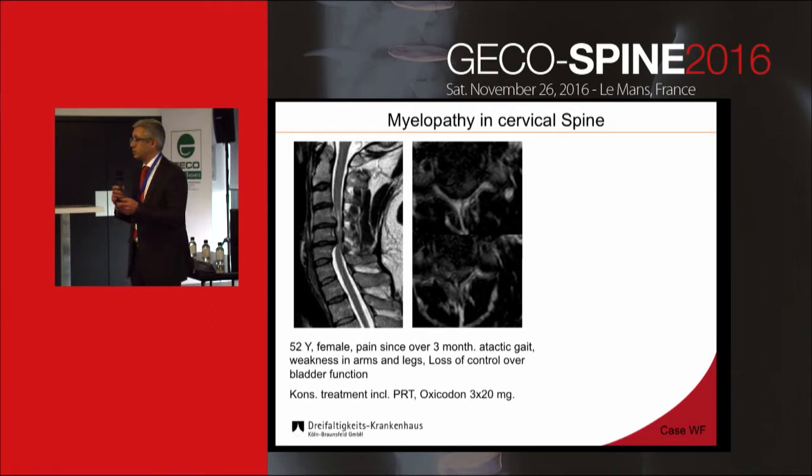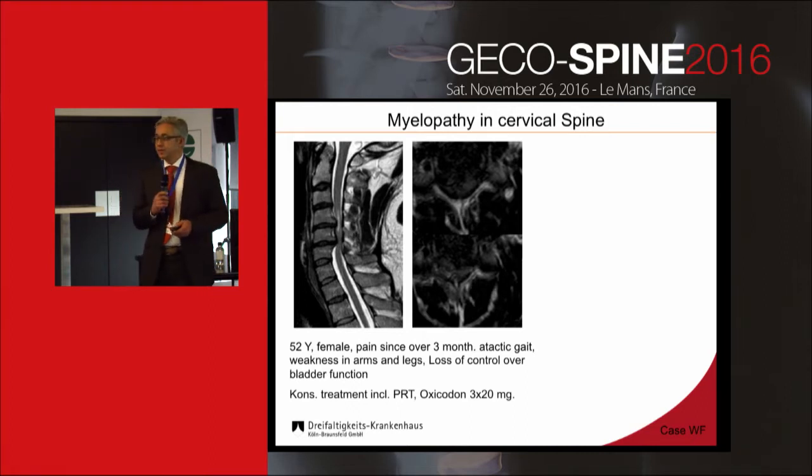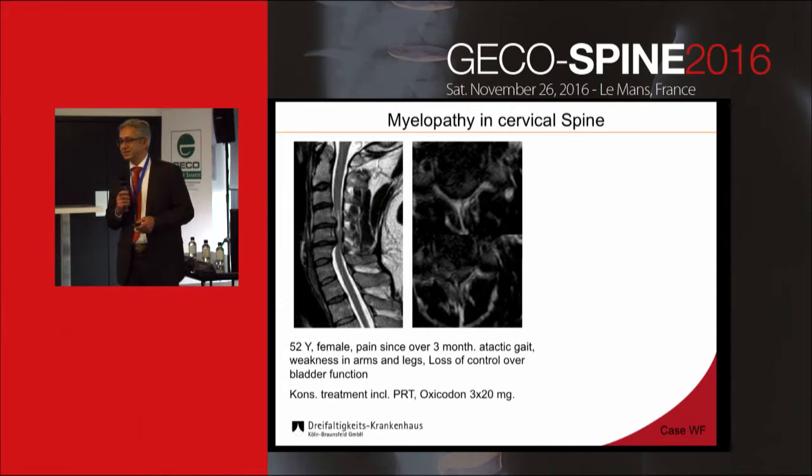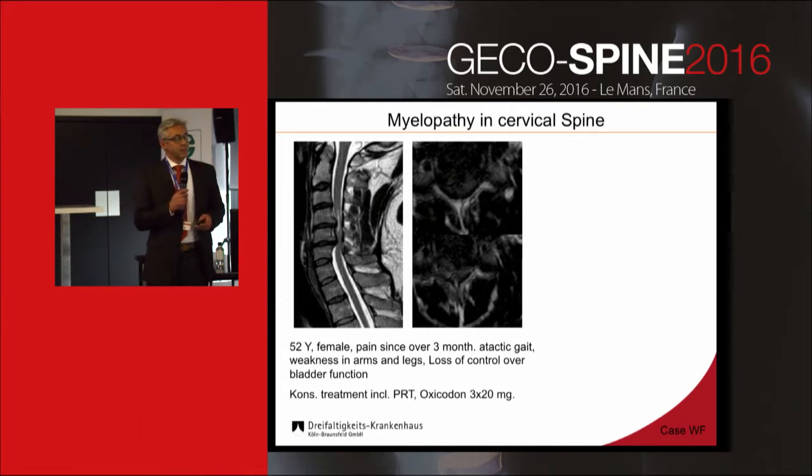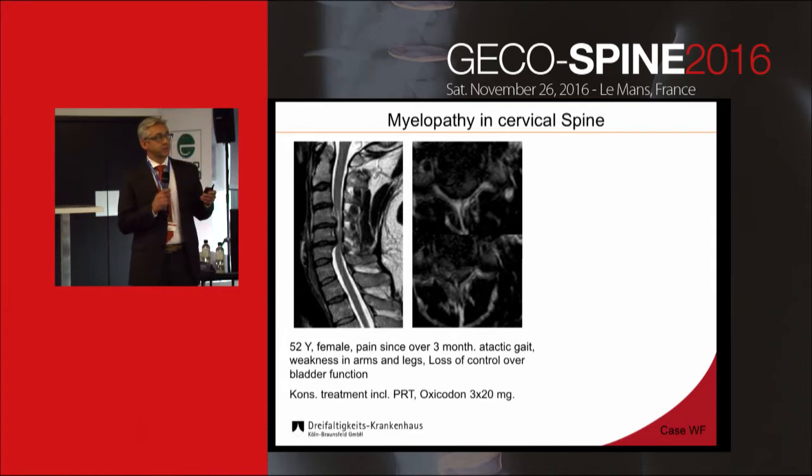But this is an open discussion, and I'm happy to be here and to discuss with you about these. I learned a few years back, don't treat any myelopathy with a TDR, and so I don't do it like this. Also from the legal side, I'm a little bit afraid of having discussions later on when the myelopathy doesn't go away.